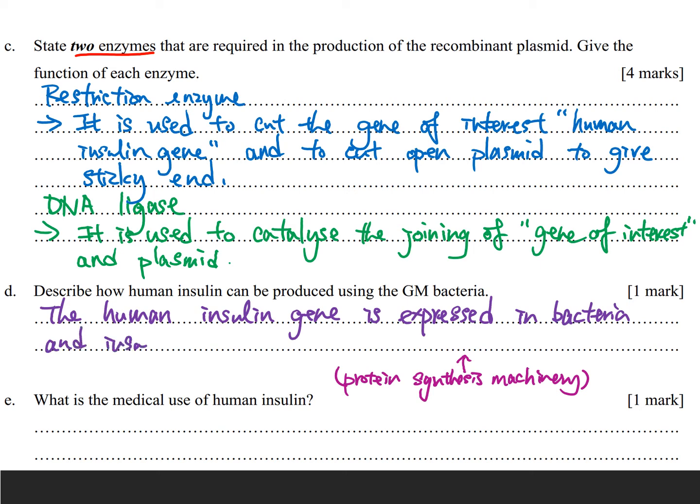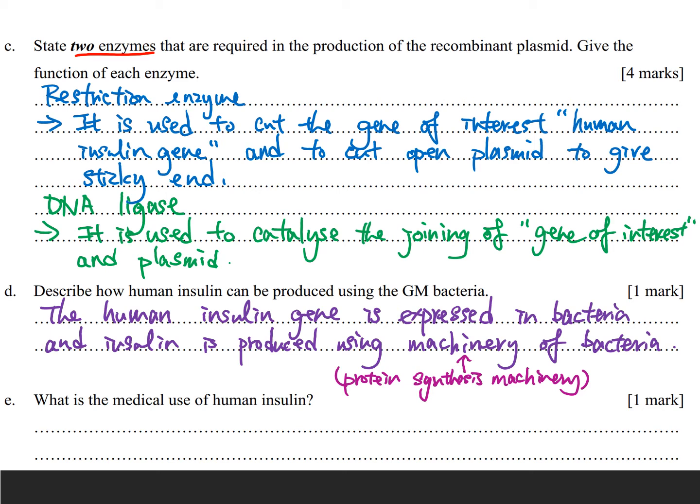And insulin is produced using the machinery of bacteria, that means the steps and process of protein synthesis in the bacteria.